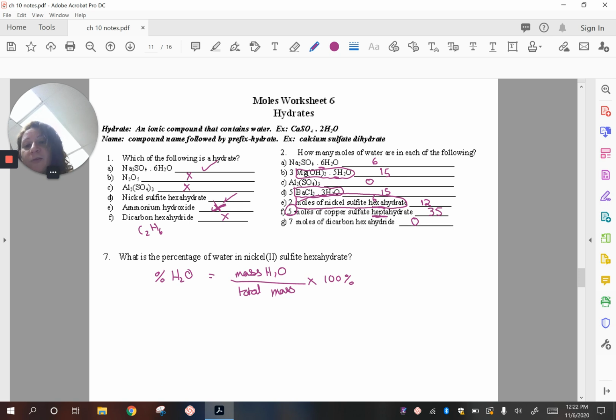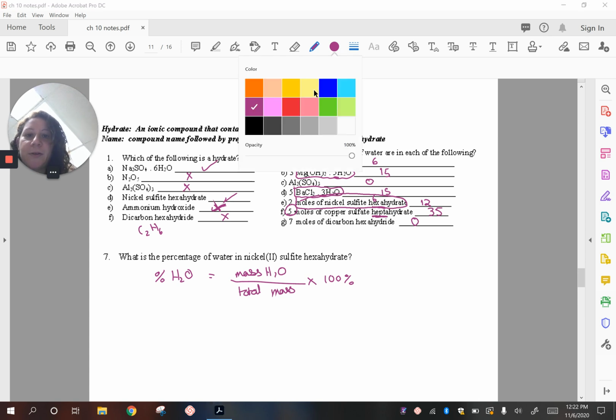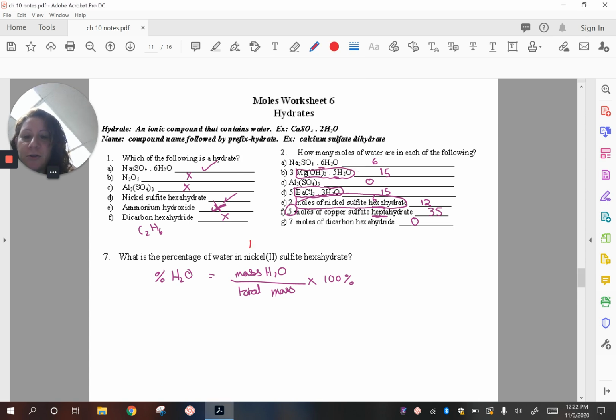It would probably be helpful to figure out what nickel 2 sulfite hexahydrate is. So let's do that. I'm going to go ahead and use a different color here. So nickel 2 means Ni2+. Sulfite is SO3 2-, so nickel sulfite is NiSO3.